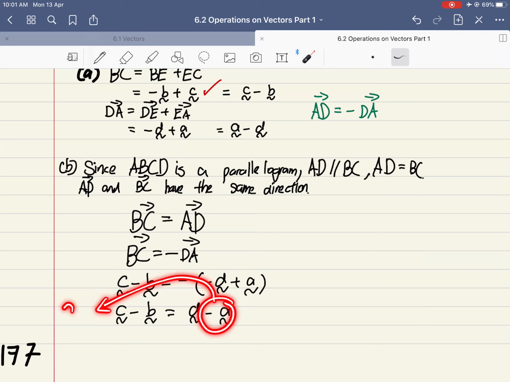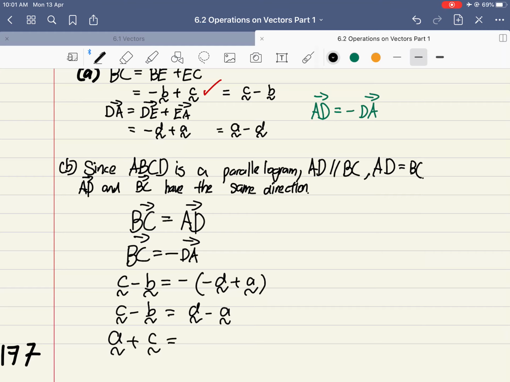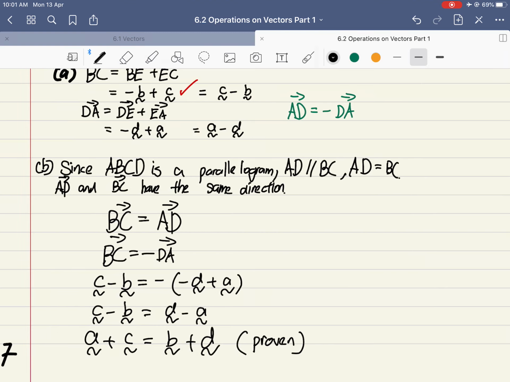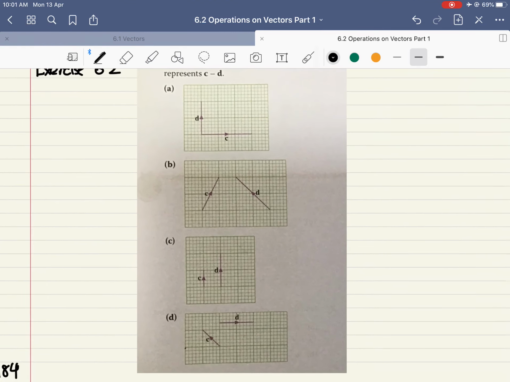Let me just use a highlighter. Negative A, if I bring it over here, becomes plus A. Negative B, if I add B to both sides, becomes plus B over this side. So if I just rearrange, I get vector A plus vector C is equal to vector B plus vector D. Hence, I have shown that vector A plus vector C is equal to vector B plus vector D.